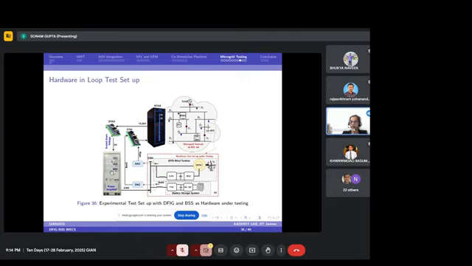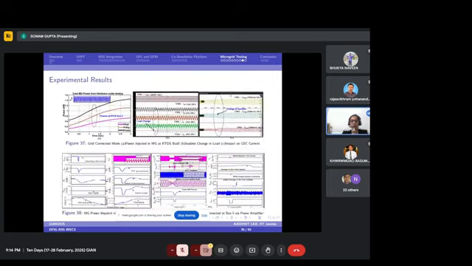Here we have seen some positive results with the integration of this BSS1, along with the integration of the coordinated control operation, or the advanced synchronization control as well. So here we have some experimental results for that.